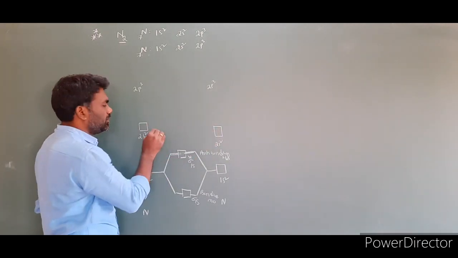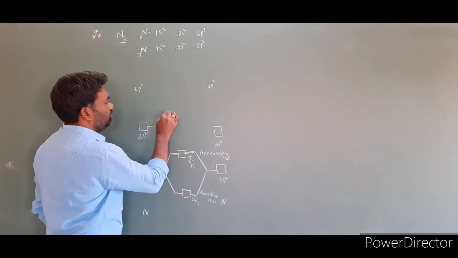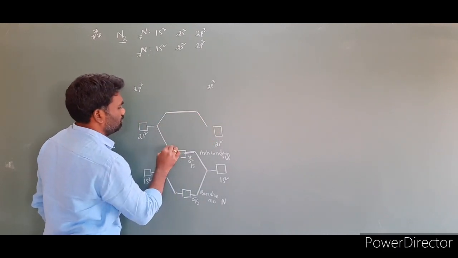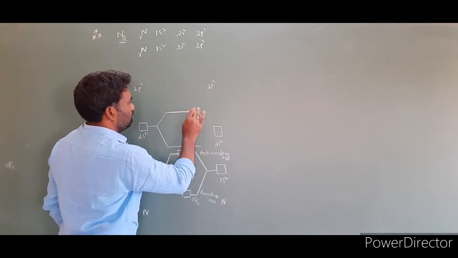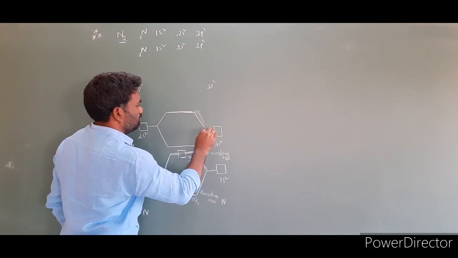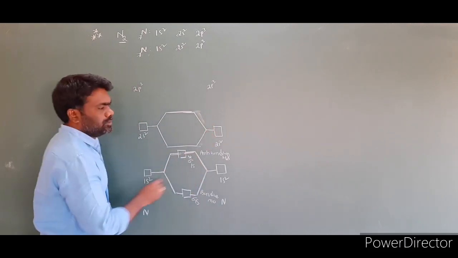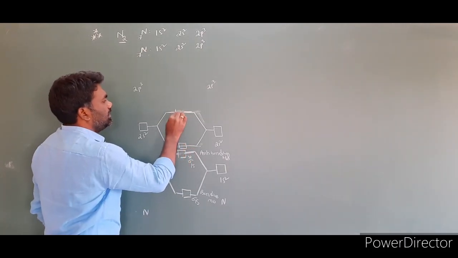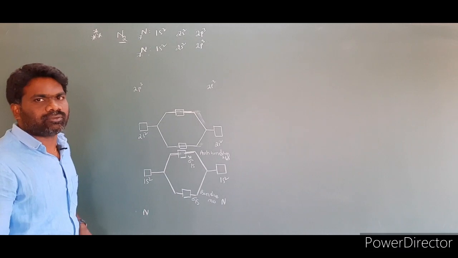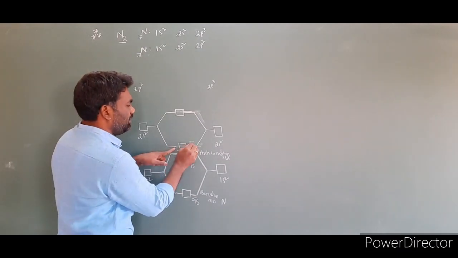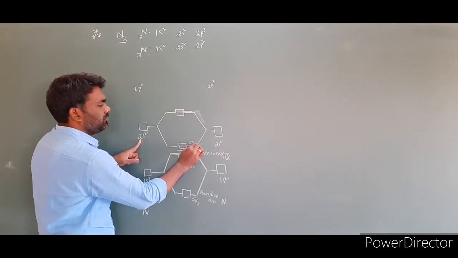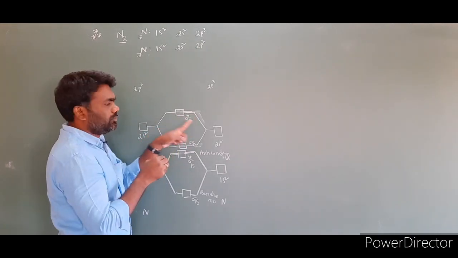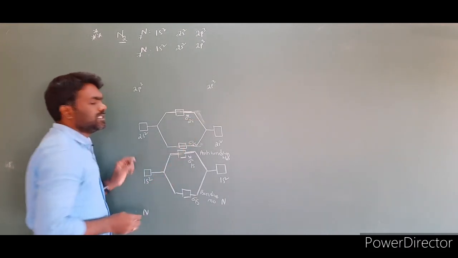Two are combining, so you will get two: one bonding molecular orbital and one anti-bonding molecular orbital. We have to label them. Bonding is sigma 2s, and anti-bonding is represented by sigma star 2s. This one is completed.